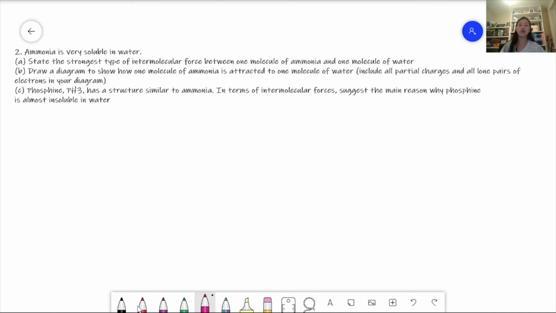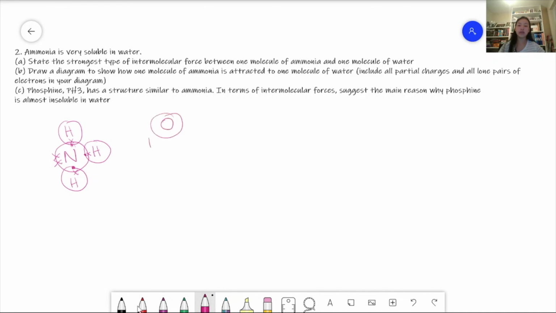So first we're going to draw out the 2 molecules we have. So we have an ammonia, and that's NH3. So it'll look like this, with the 2 lone pairs. And then we have 1 molecule of water.